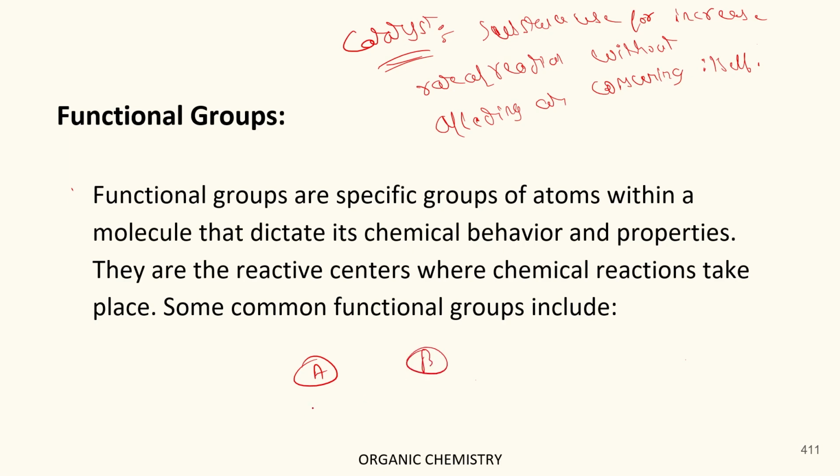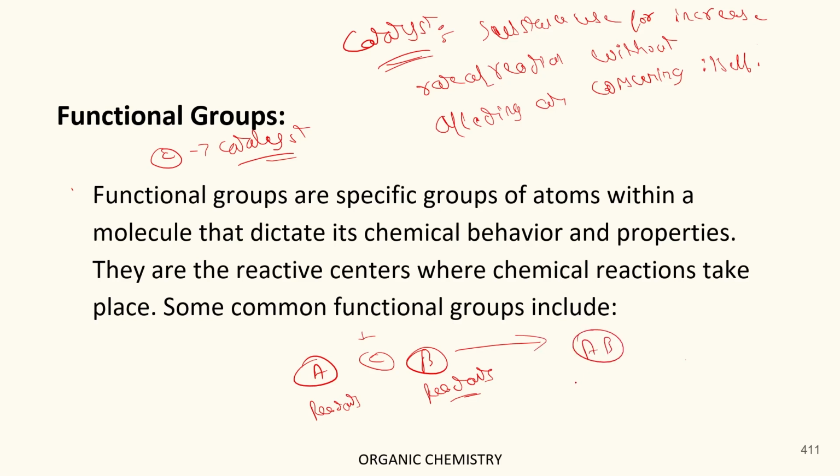For example, here A and B are the reactants, but C is a catalyst. Okay, and you want both A and B to react, but their rate of reaction is slow. So you just need to put C inside the reaction.